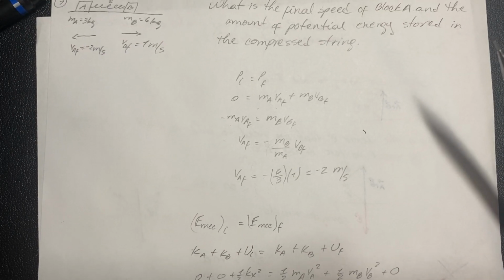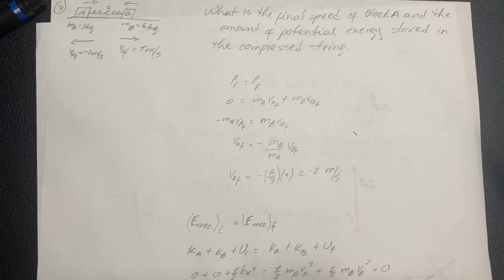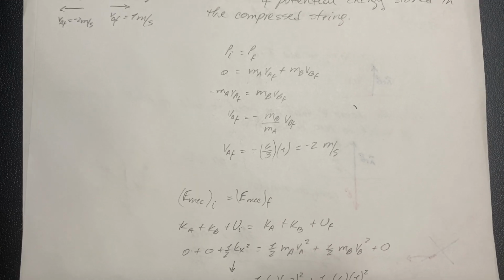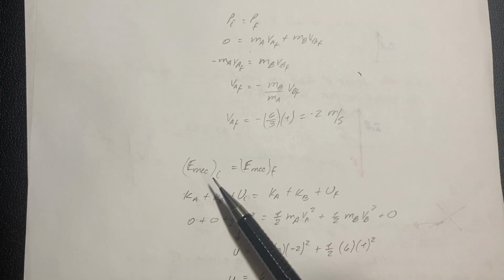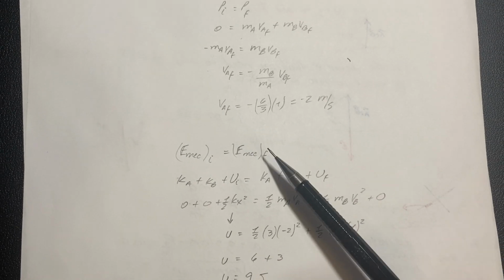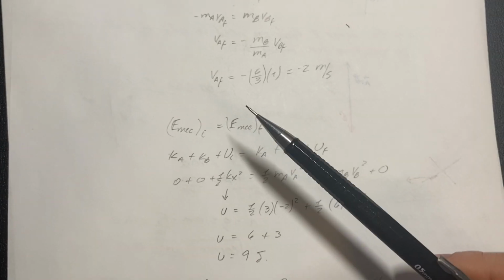Now they're also asking us to find the potential energy stored in the compressed spring. So we're going to say that the initial mechanical energy is going to be equal to the final mechanical energy.